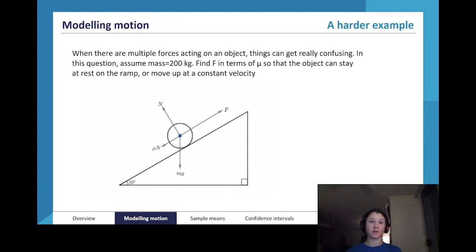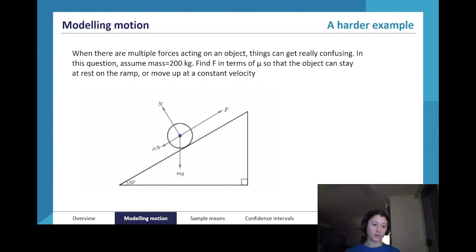So in these questions here, what we want to do is rotate the axes to make things easier for ourselves, and you can see that's what we've done here. So assuming that the mass is equal to 200 kilograms, we need to find F in terms of mu so that the object can stay at rest on the ramp or move up at a constant velocity, right?